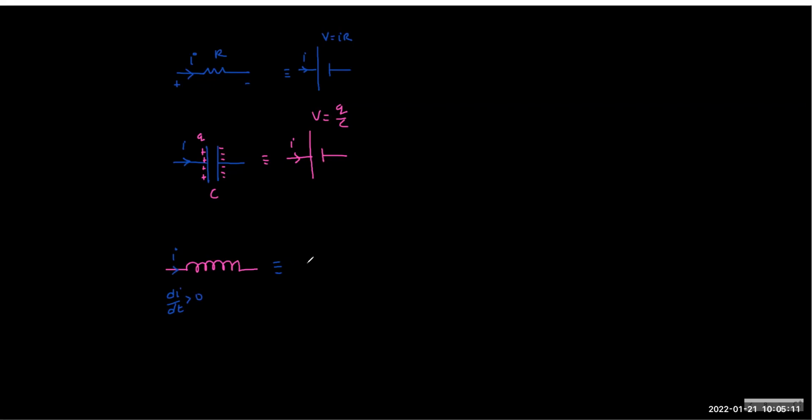because I is trying to grow. Okay, what we can write here? It will oppose the growth. So current is coming from left to right and trying to grow. So to oppose, this will behave as a battery like this.